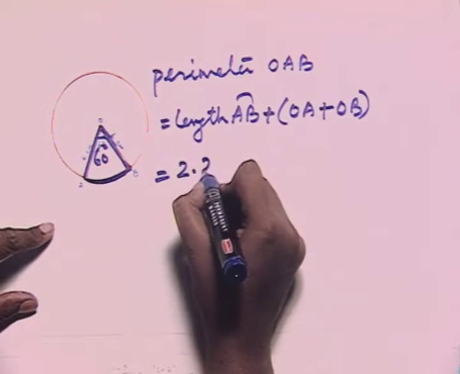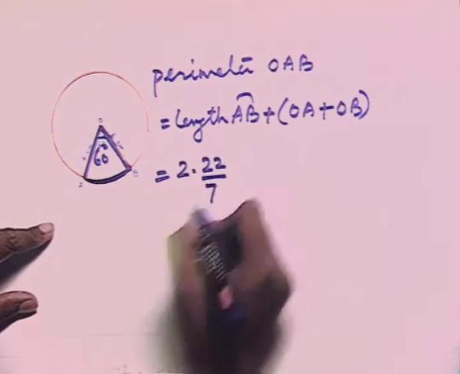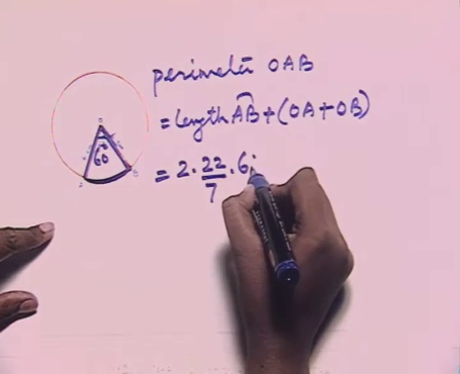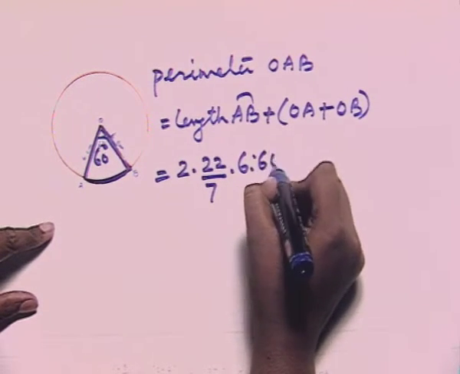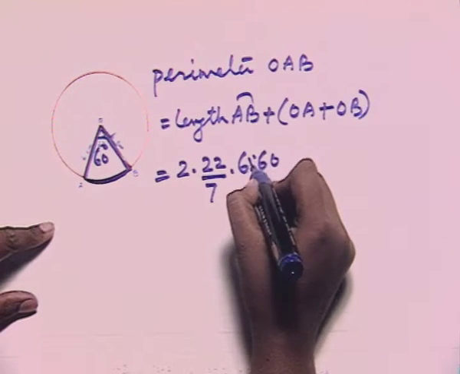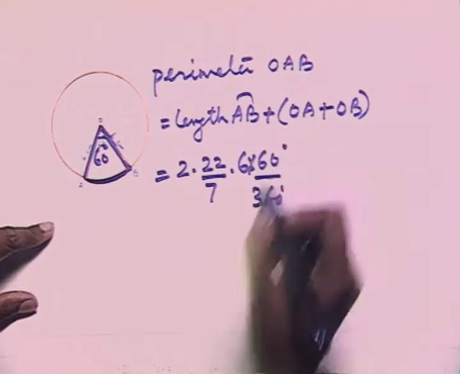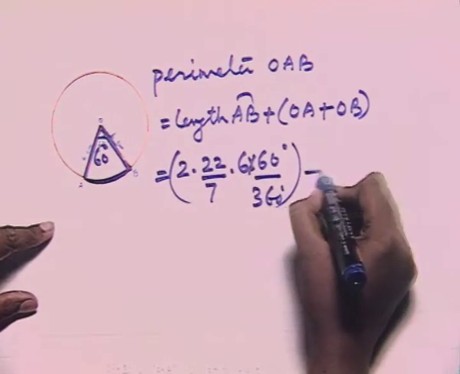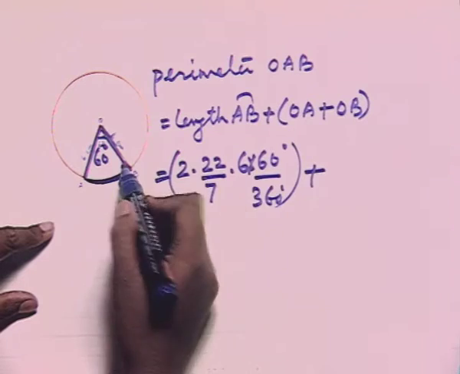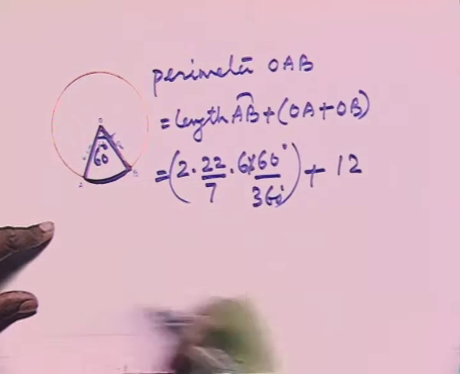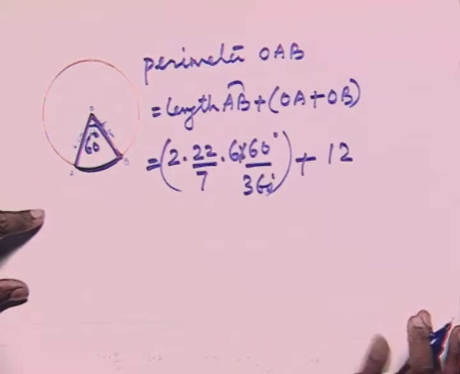2, let us take pi as 22 upon 7, 2 pi into r is 6 into theta, in this case is 60 degree upon 360 degree, plus the length of the two radii is 6 plus 6, which is equal to 12. What do we get?